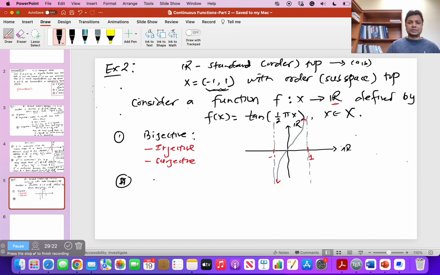The second condition is that f has to be continuous, and in fact f is continuous.